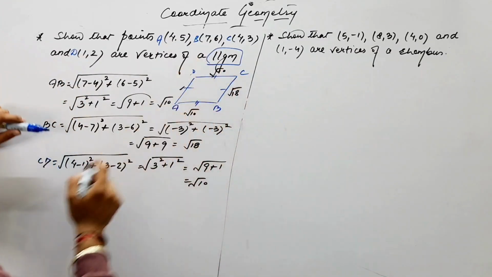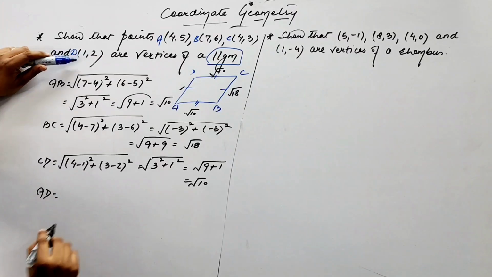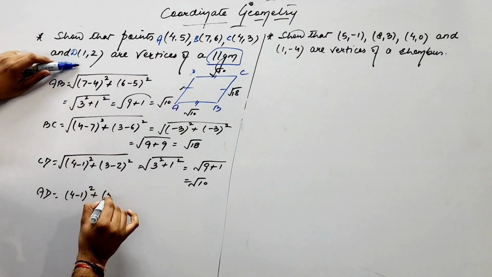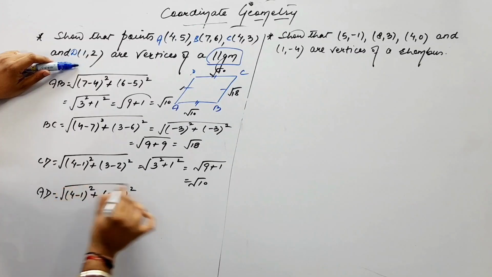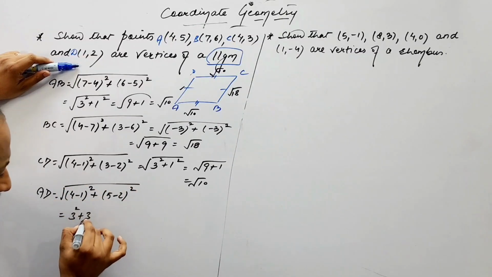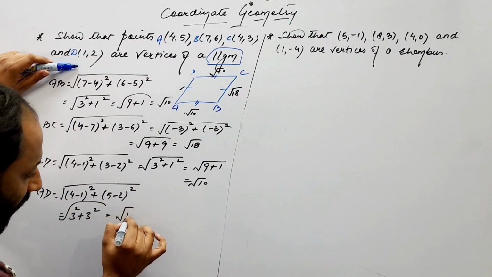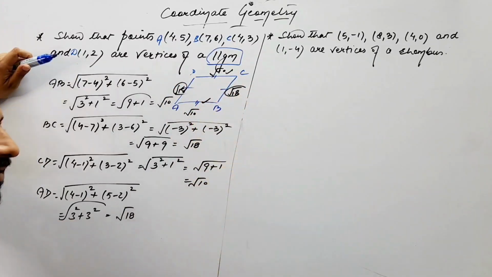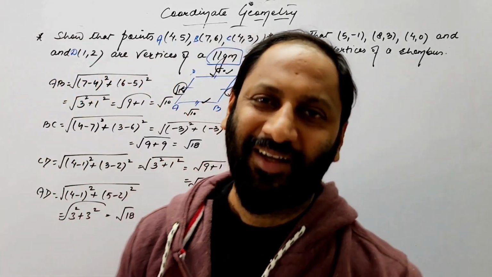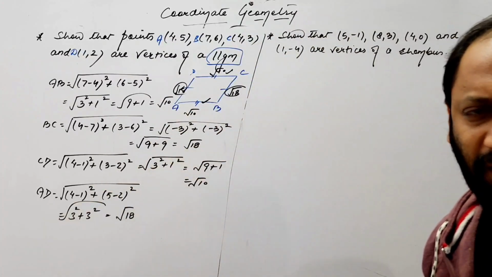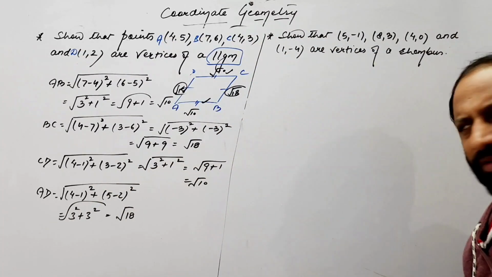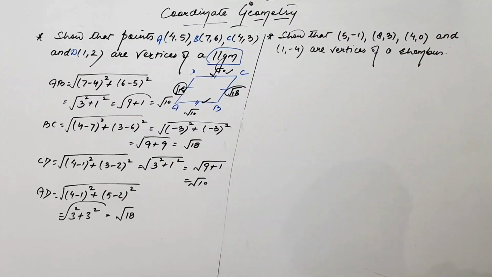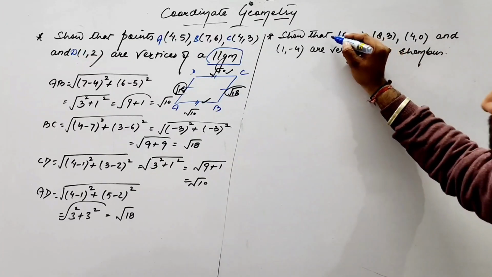AD, D and A. 4 minus 1 or 1 minus 4, and 5 minus 2 square. 3 square plus 3 square, 9 plus 9, root 18. So it means opposite sides are equal. That is a parallelogram, that is our answer. No need to go with diagonals, because in a parallelogram only opposite sides are equal. That is sufficient.